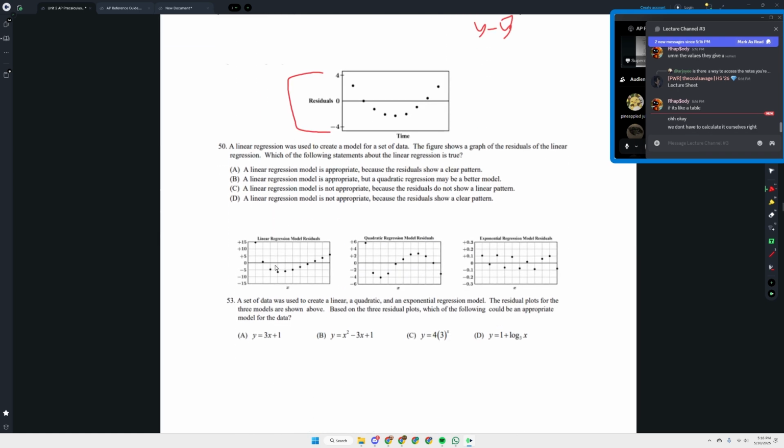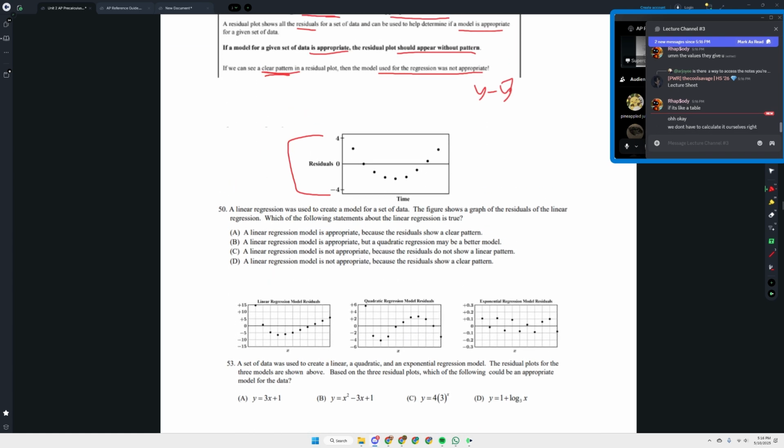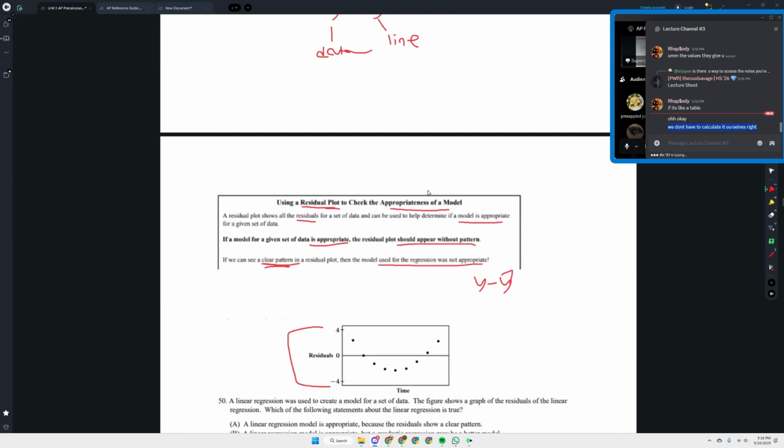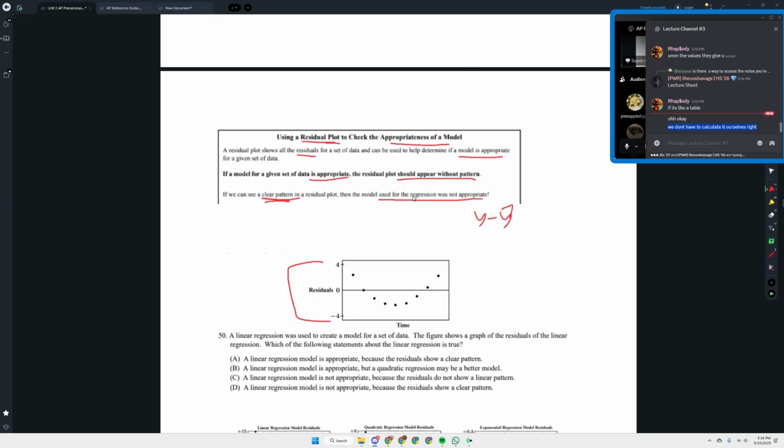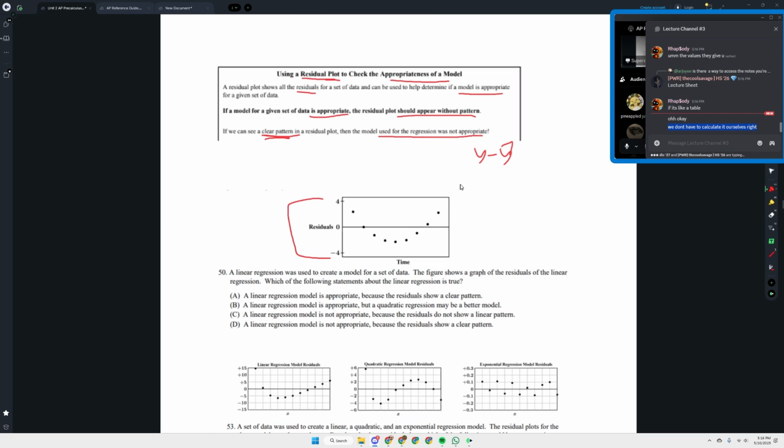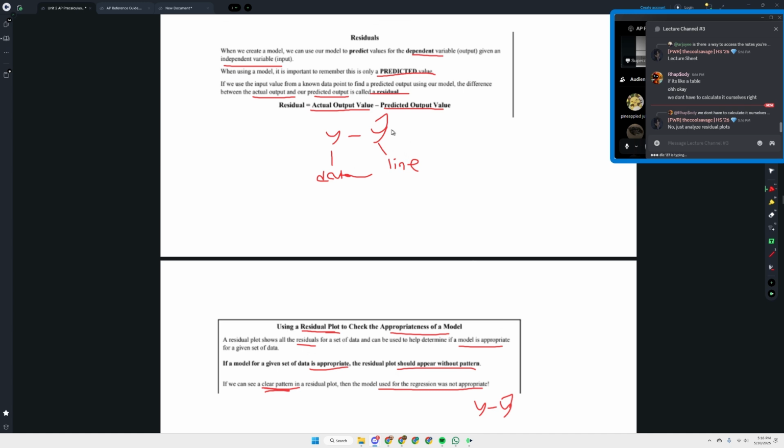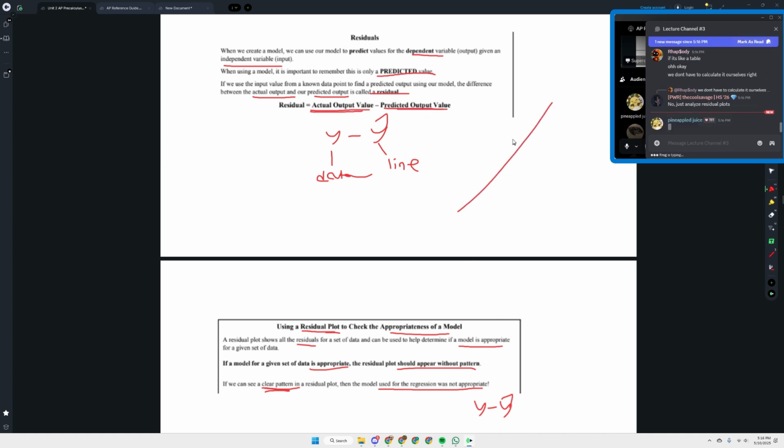So we'll try number 15. We don't have to calculate ourselves. You may have to, I don't have a question like that, but if you're analyzing residual plots, you may have to calculate residual, but that's just actual minus predicted. So if you have a line of best fit, and you have a value here, you would have to subtract this value and this value.